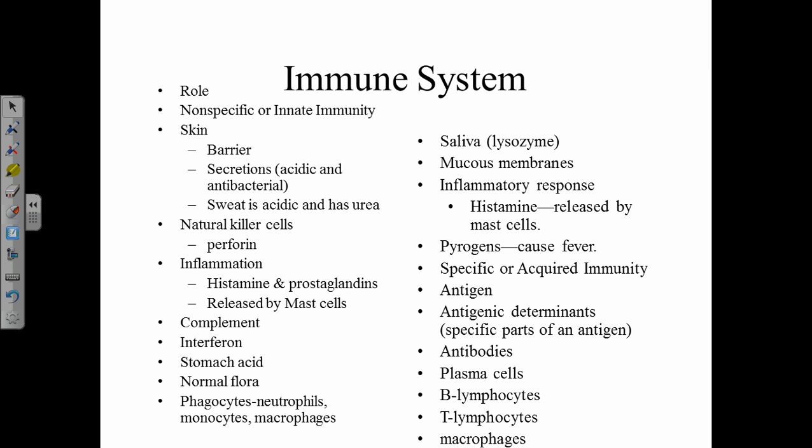There are parts of your immune system, though, that only protect you from specific things, right? That's why you become immune to certain diseases, right? You've had it before, you learned how to fight it off, and now you have a defense against it. That is not what we're talking about right now. We're talking about general defenses.